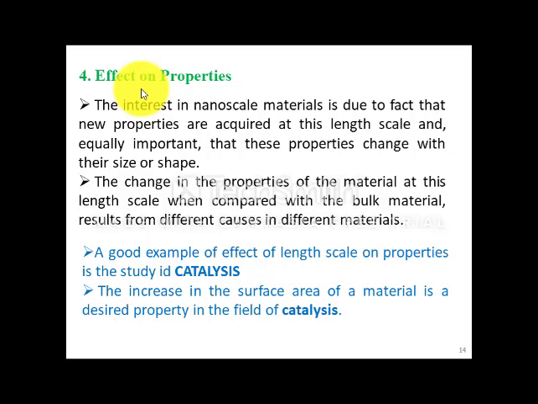We all know what catalysts do. They just take part in a reaction, and after the reaction they are recovered. They just increase the rate of the reaction. They provide a platform for the reactants to combine with each other.